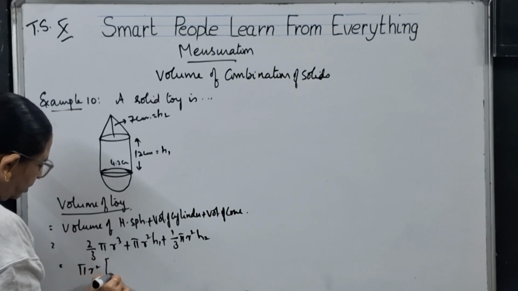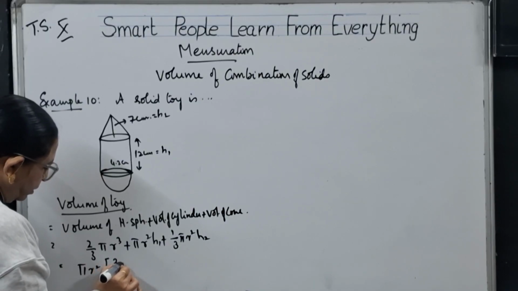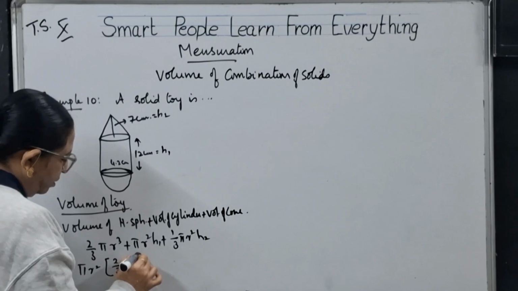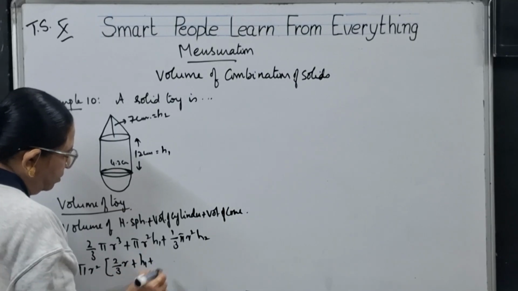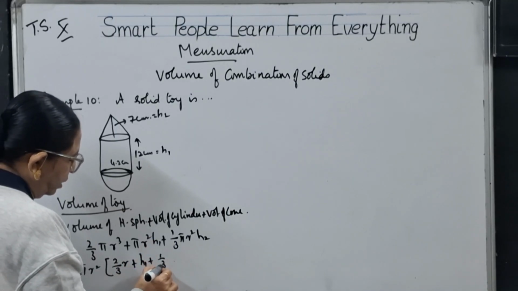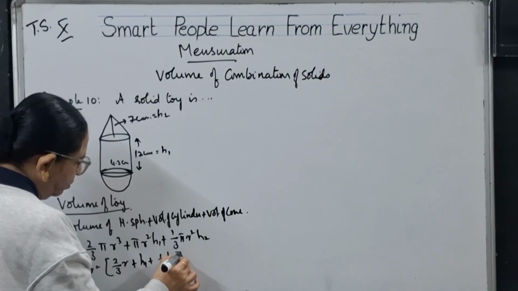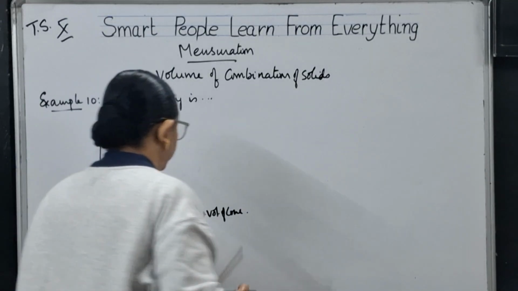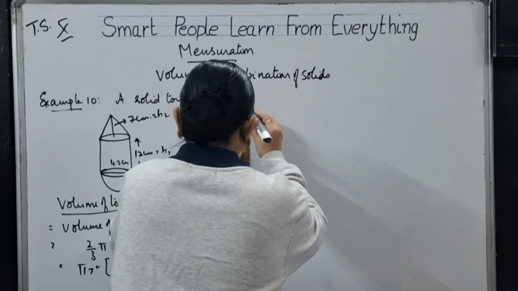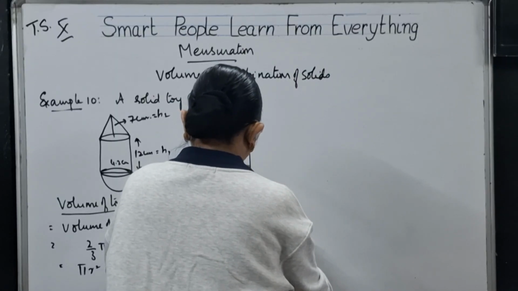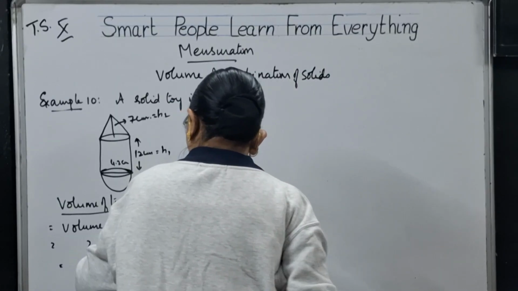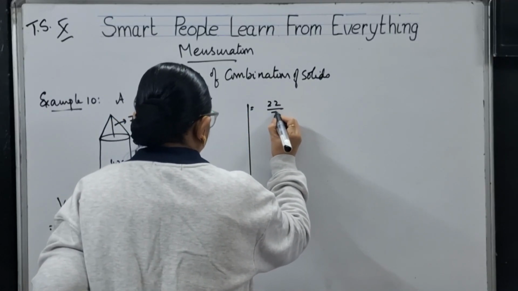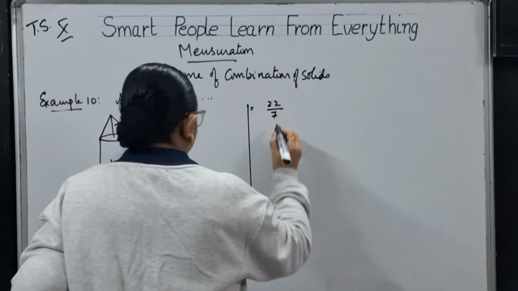Pi r square into 2 by 3 r plus h1 plus 1 by 3 h2, because pi r square has been taken as common. So this is nothing but pi, that is 22 by 7, r square.